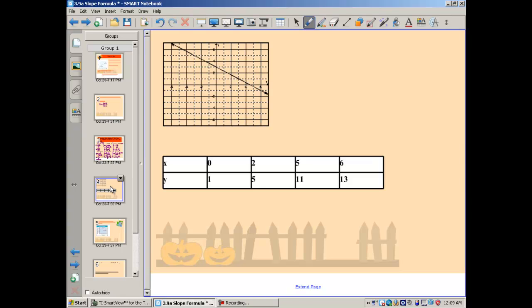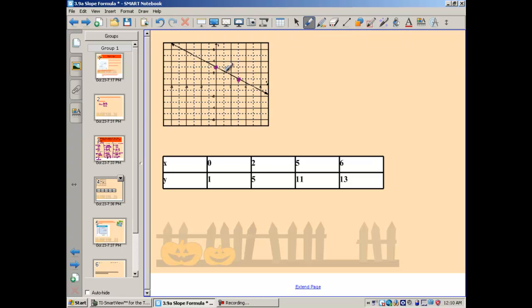Okay, next one. You have 2 problems. So I'm going to find the slope from a graph and then from a table. Now, we did this yesterday using the graphs. The first thing you did was find 2 perfect points. So here are my 2 perfect points, here and here.